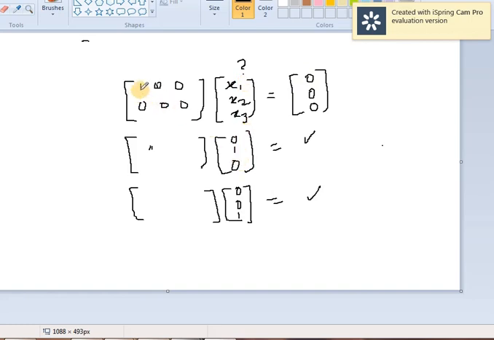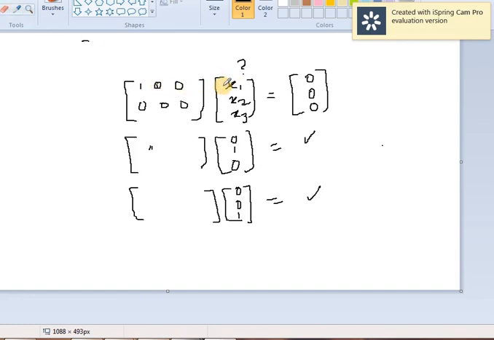If I take 1, then 1 into 1 plus 0 into the rest will give a non-zero result. So the first has to be 0, and the next can be anything because the rest of the elements are zeros. If I take 0, 1, 0 as the null space vector, then 0 into 1 plus 0 into 1 plus 0 into 0 gives 0.